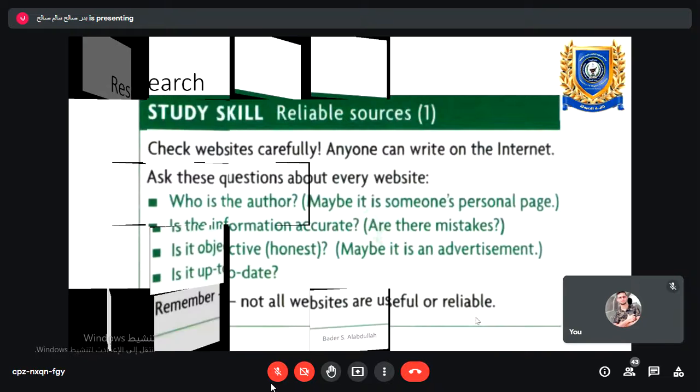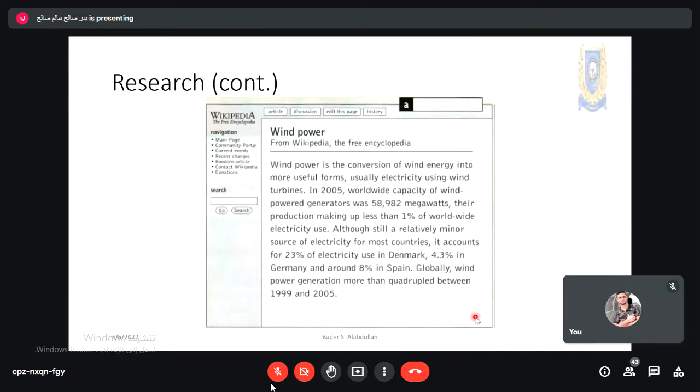Let us take these examples of websites. This one is from Wikipedia, which is talking about wind power. This is an example of an online encyclopedia.